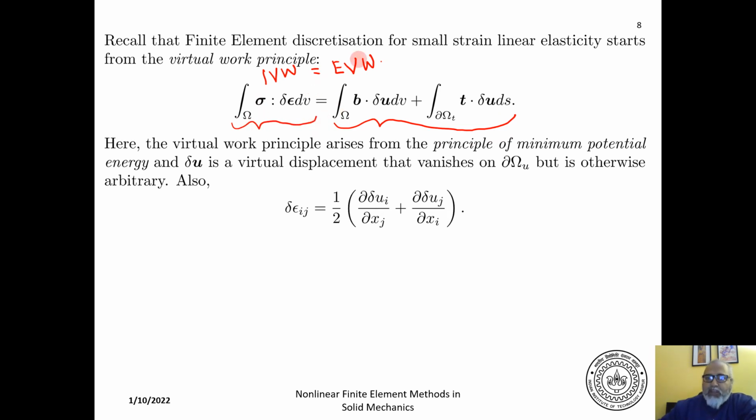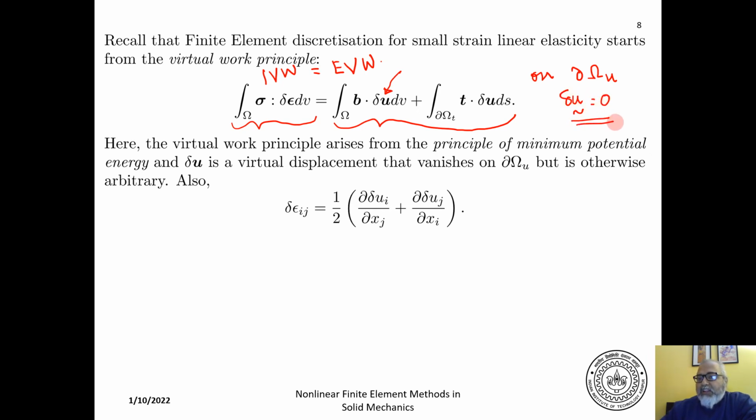stored in the body. Now, delta U is a virtual displacement which is an arbitrary function of position, except that this has to be 0 wherever U is specified. That means specifically on this part of the boundary where U is specified, delta U has to be equal to 0.